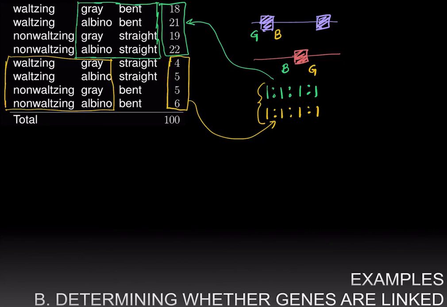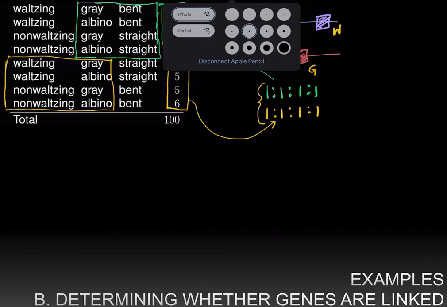And that suggests that W is also unlinked from G, and therefore the only place where I can put W is over here, and that means that this is the only possibility where W and G are unlinked and B and G are also unlinked.